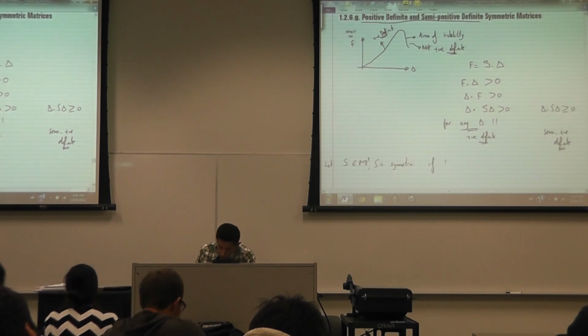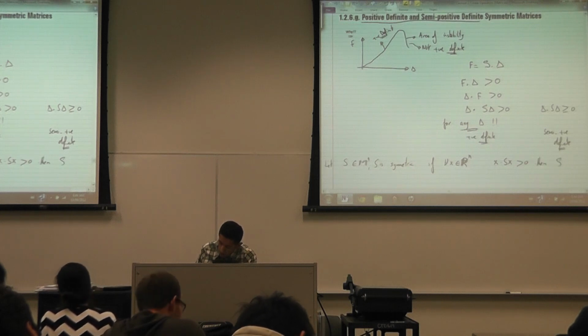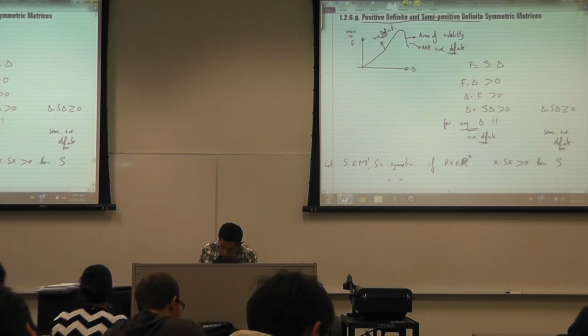If for every vector x in Rn, x dot Sx is greater than 0, then S is positive definite.